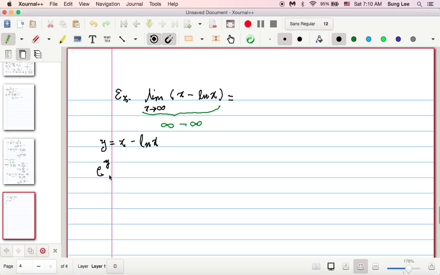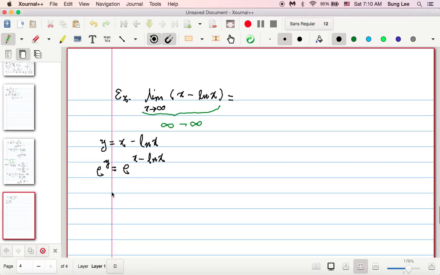So e to the y is the same as e to the x minus ln of x, okay? The reason for this is what? The exponential function is a function, right? So they have to be the same.